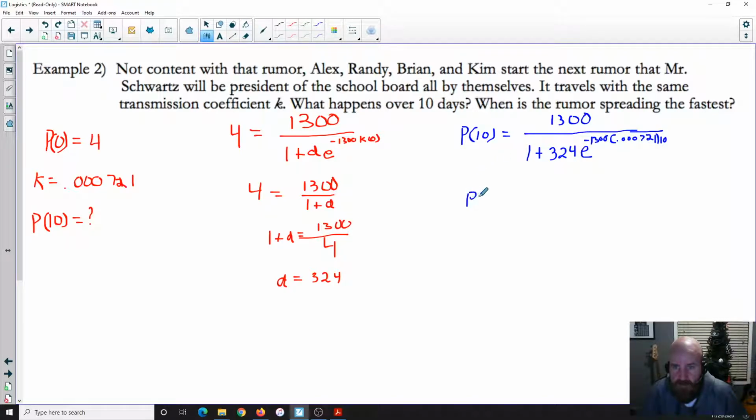Multiply that out. Simplify. Let's see what we get. Go ahead and do that.